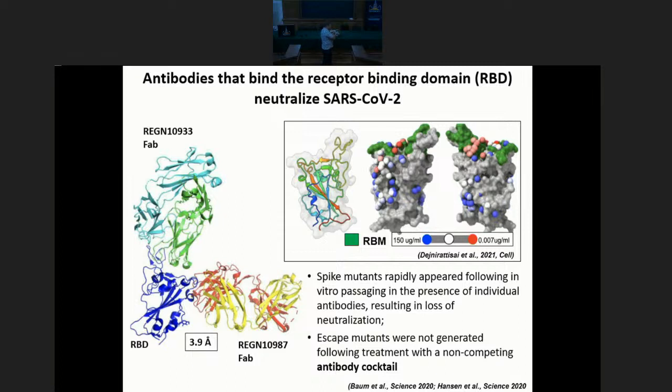Indeed, if you use only one antibody to treat infection, very frequently a mutant virus is found in the culture after passages, a new virus that escapes this treatment. So usually antibodies are used as a cocktail of two different antibodies that bind to different sites on this RBD.